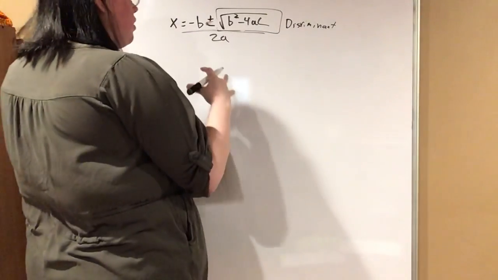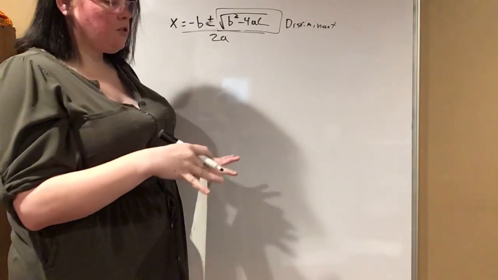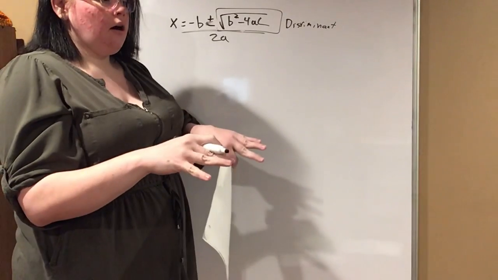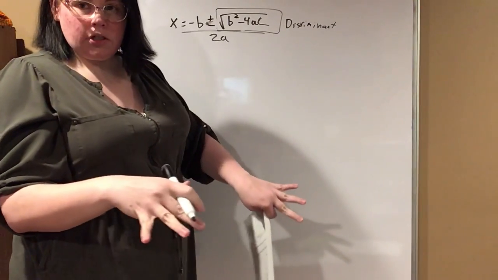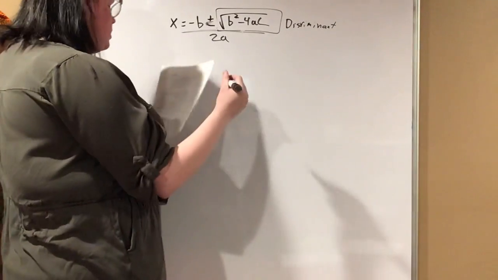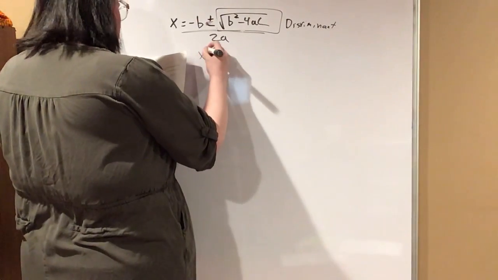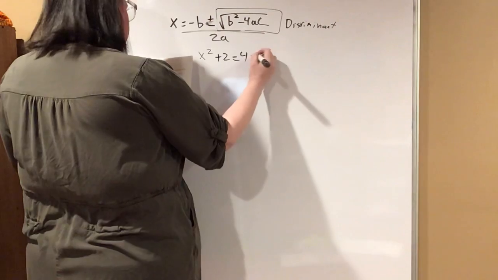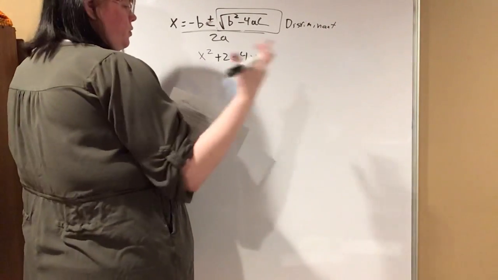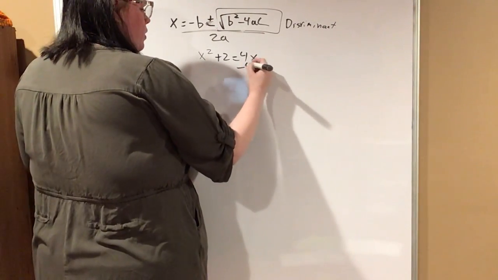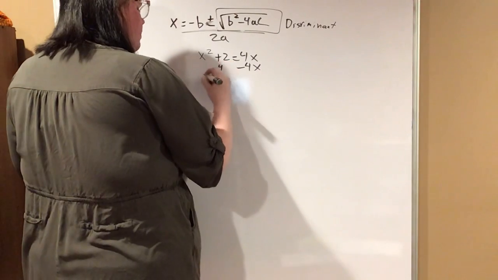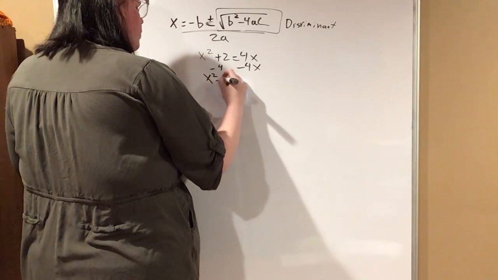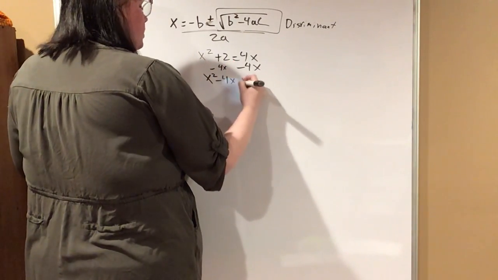So we're going to solve these quadratics by using the discriminant instead of putting the entire thing in a quadratic formula. So using the discriminant here, we have x squared plus 2 equals 4x. First of all, we need to move it into standard form. So minus your 4x. Now we have x squared minus 4x plus 2.